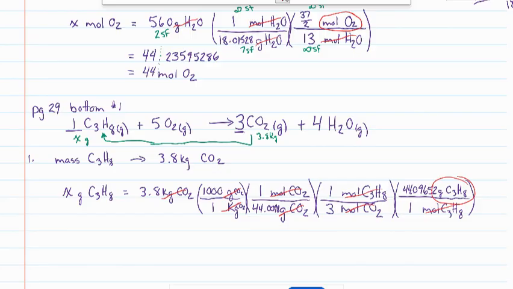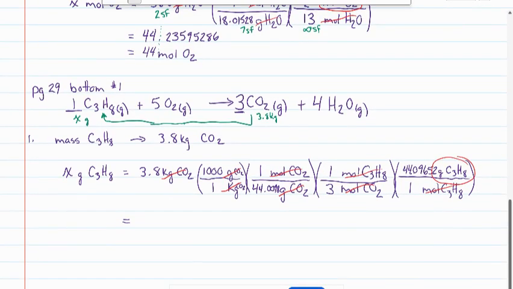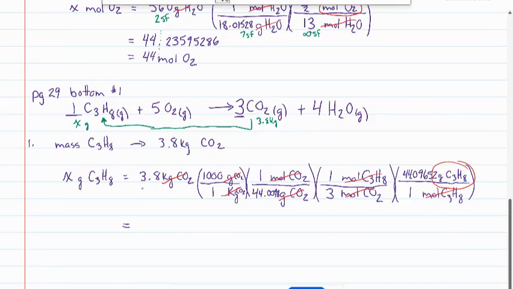So picking up our calculator, we are going to take a look at what we get. We are going to take 3.8, multiply by 1,000, divide by 1. Do we really need to divide by 1? If you're telling me no, then you are correct. We really don't need to divide by that 1.